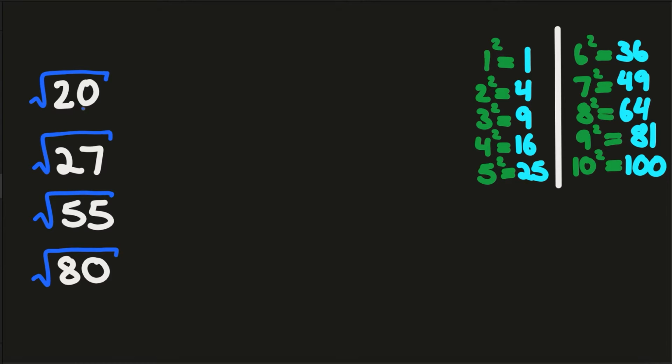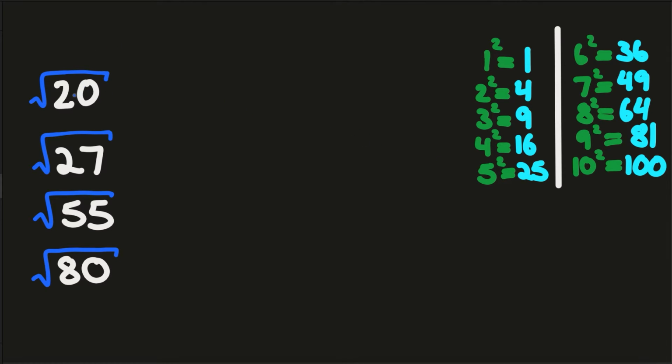Now we have 4 squares with an area of 20, 27, 55, and 80. The side length that would correspond to a square with an area of 20 is not perfect, because we know that if a square has a length of 4, its area is going to be 16. And we know that if a square has a length of 5, its area is going to be 25.